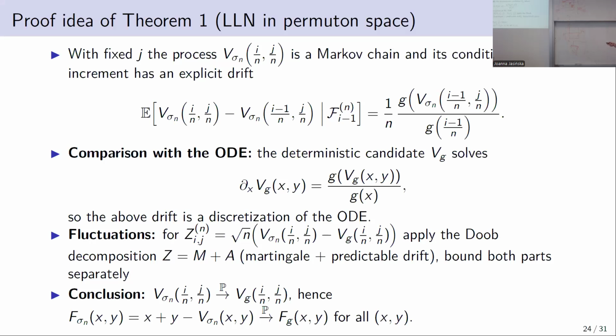It has an explicit drift, the expected value of the difference between two consecutive steps, given that we know the past, can be expressed by an explicit formula dependent only on the function G, on the parameter of this model. And look, the differential equation that I mentioned before looks kind of similar, right? It has a very similar form. So this drift above, this formula here, is just the discretization of this differential equation.